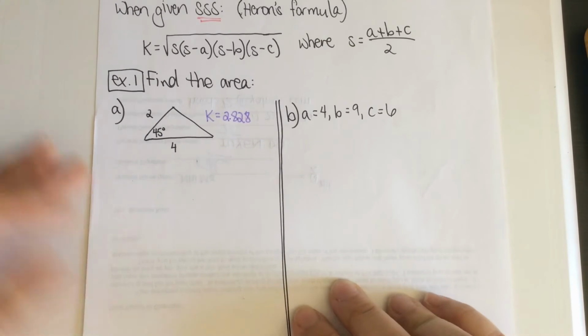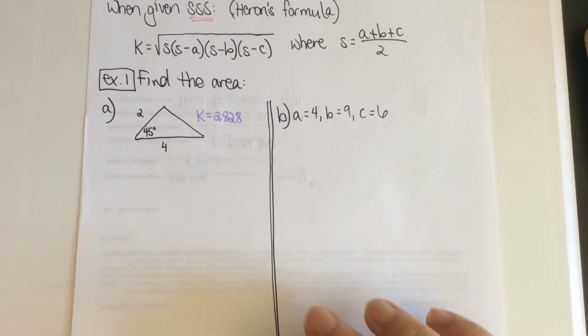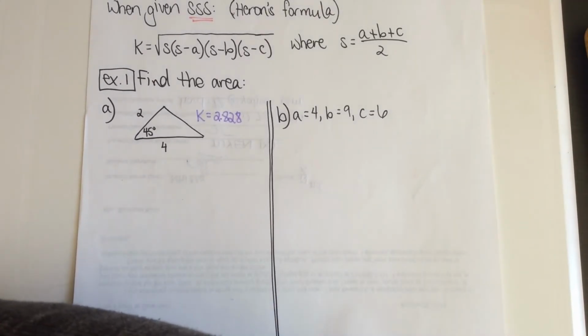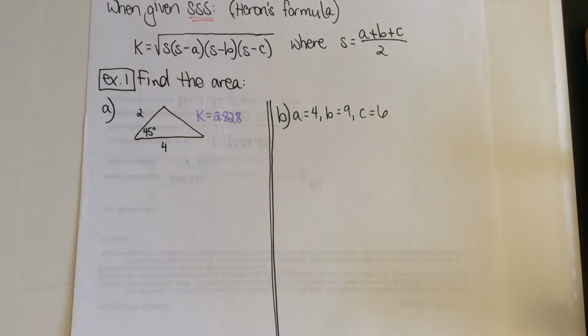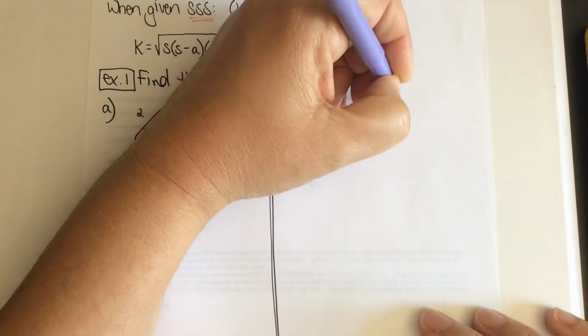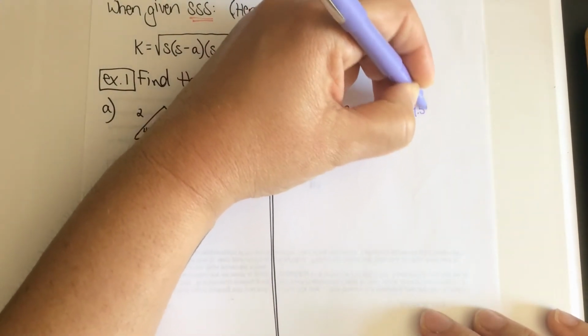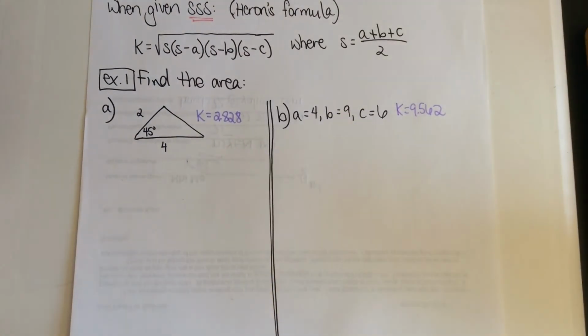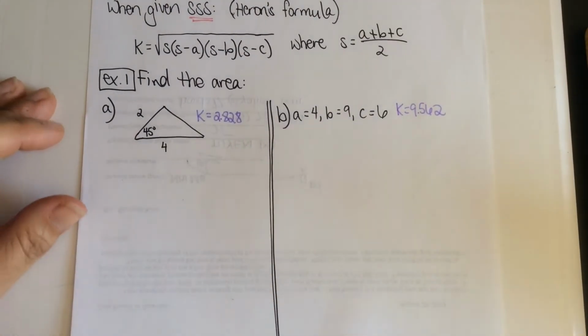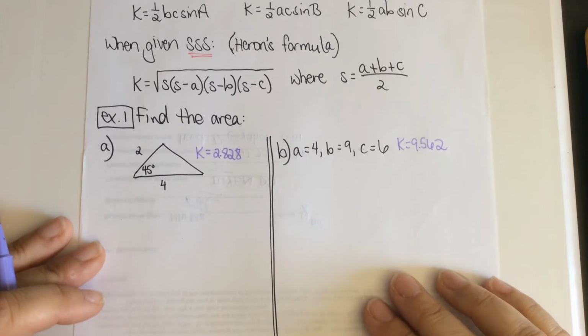You don't need to listen to the explanation of that. And on this one, if you got that the area is 9.562, you are golden and you know how to plug things in and plug into your calculator.